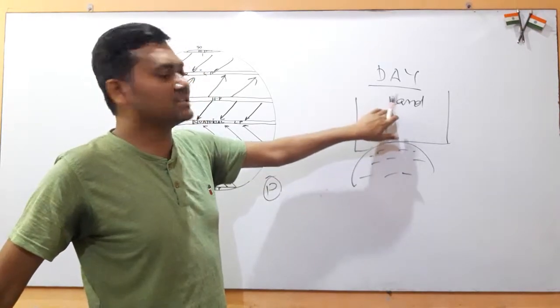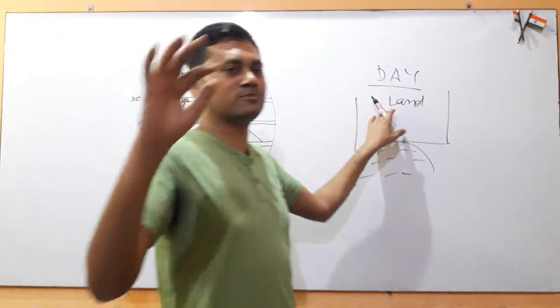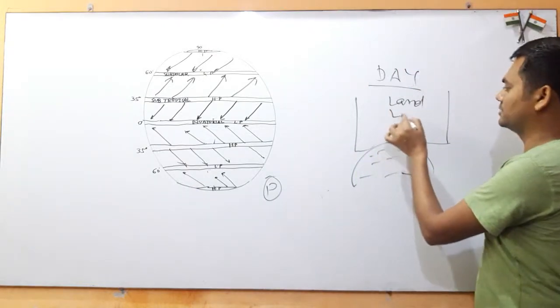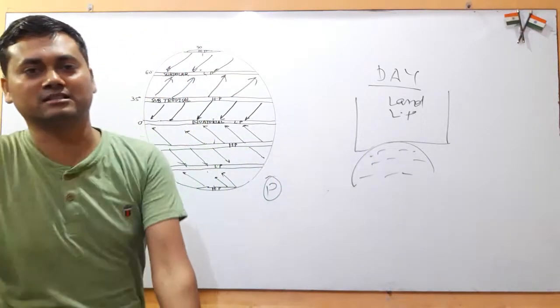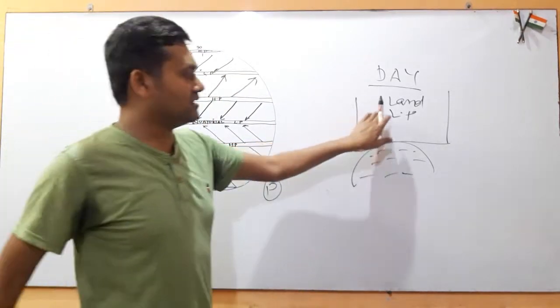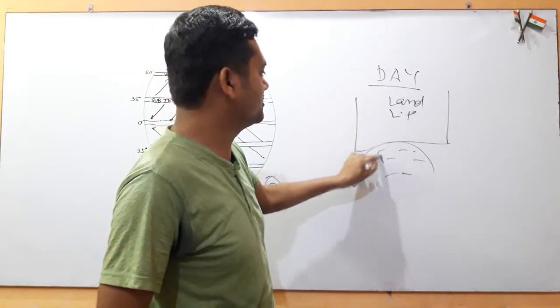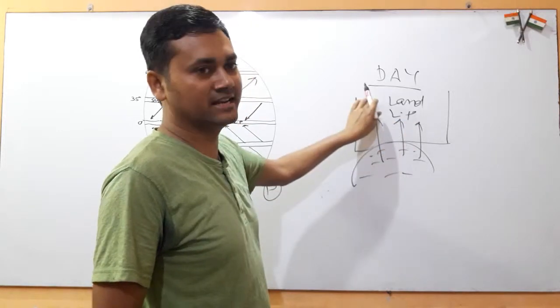When the temperature is high enough, automatically there would be low pressure over the land during the daytime. So when there is low pressure on one side and high pressure on the other, wind blows in this direction, from sea to land.